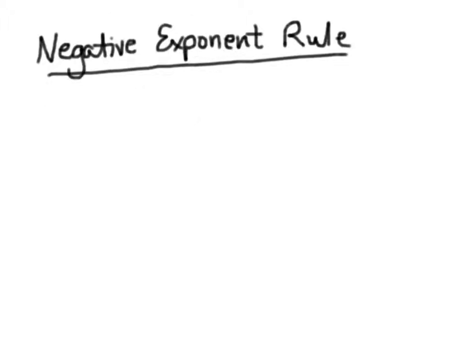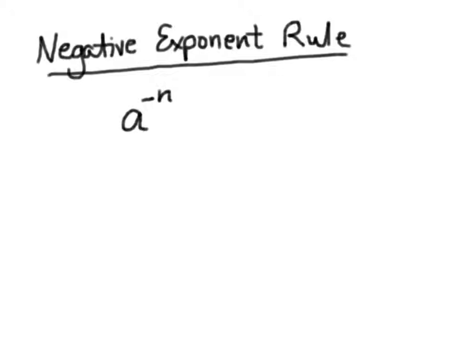Now, negative exponents. We talked about in the previous section how to avoid a negative exponent, but sometimes you just really can't avoid a negative exponent. But you can always rewrite a negative exponent. So let's start raising our number a to a negative exponent.